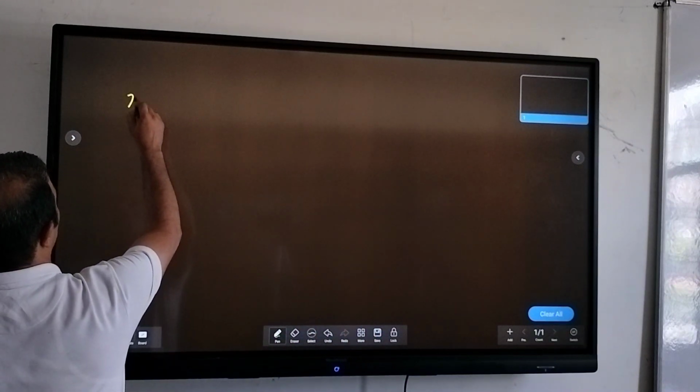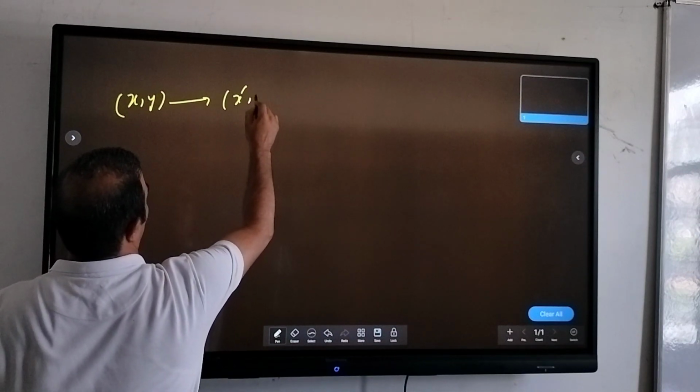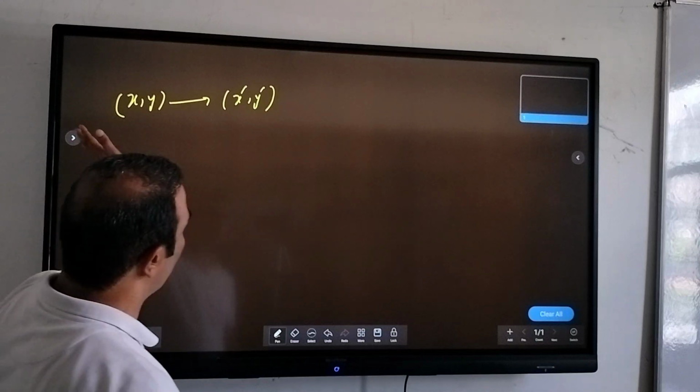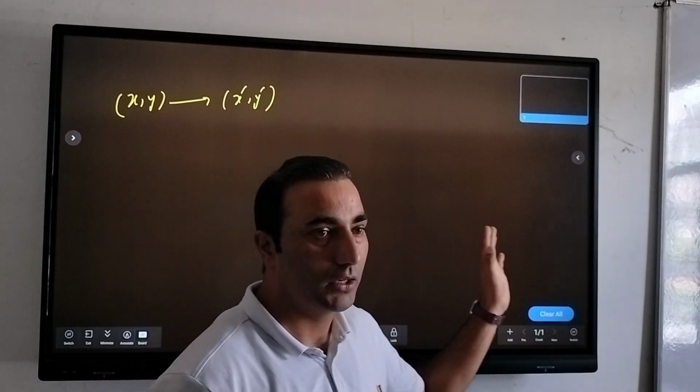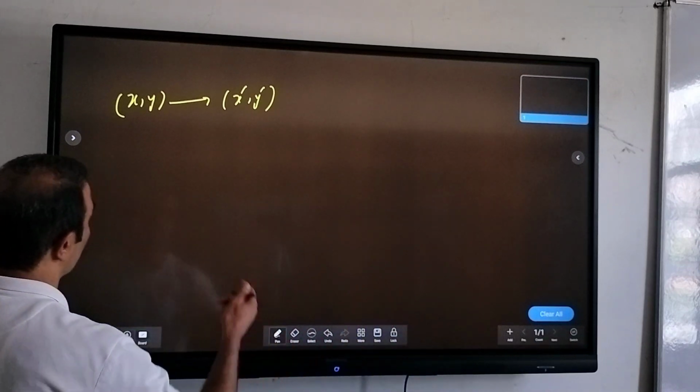If you go from some xy frame to some x prime y prime frame, we have to see how this integration varies, that is, how this integration is performed.